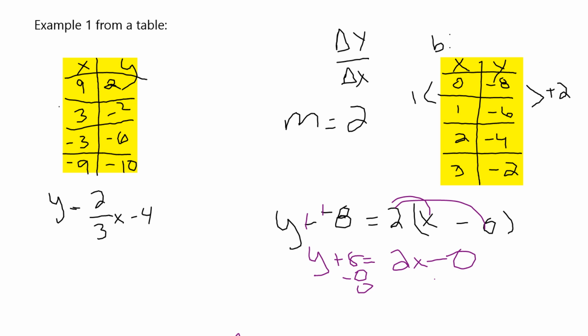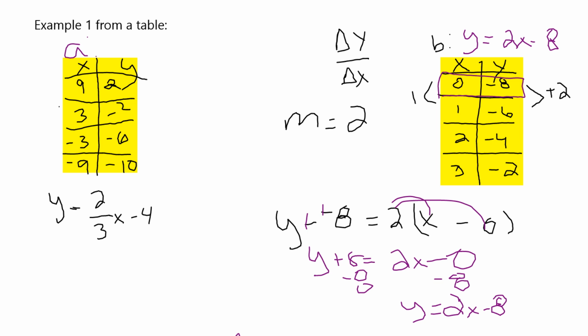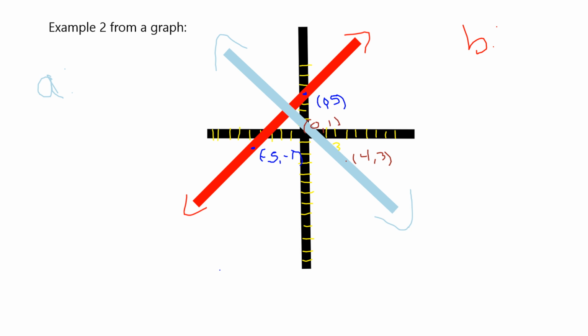Subtract 8 from both sides, and I get y equals 2x minus 8. Which makes sense because if you look here, technically this is our y-intercept, negative 8. So my two equations for this system are y equals 2x minus 8 for table B, and y equals 2/3 x minus 4 for table A.